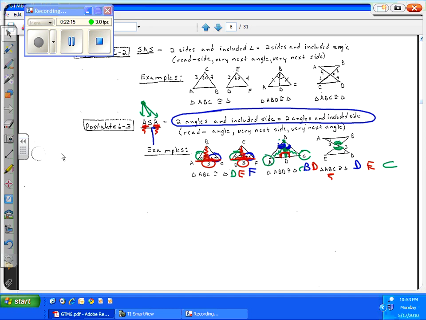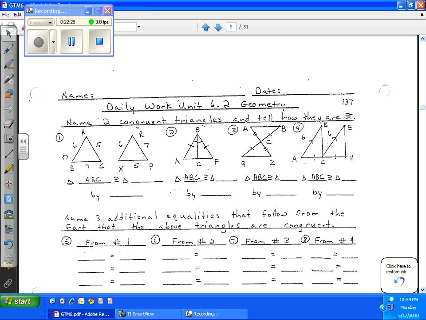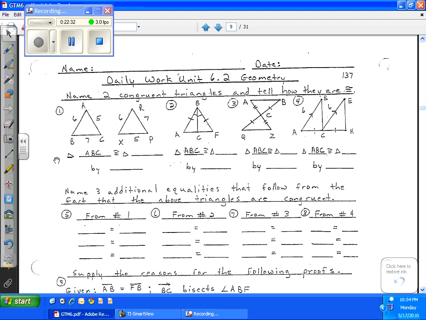Vertical angles are equal. So there are 3 ways to prove that two triangles are congruent: side, side, side; side, angle, side; and angle, side, angle. And so let's take a look at the daily work for Unit 6.2.